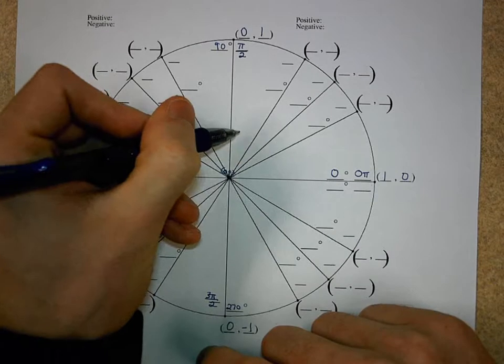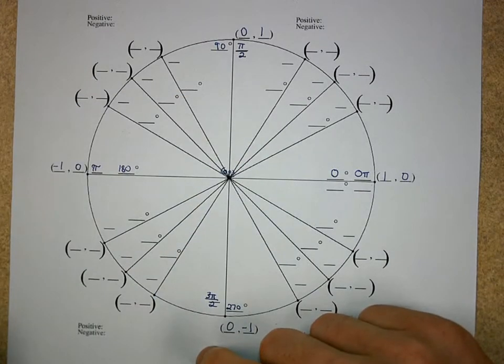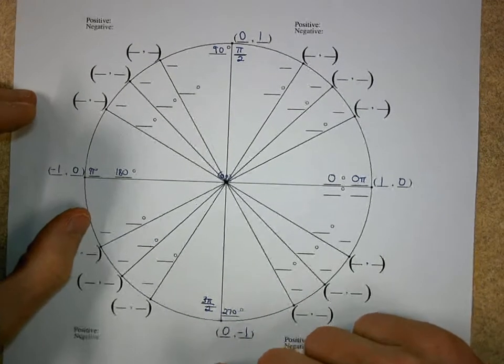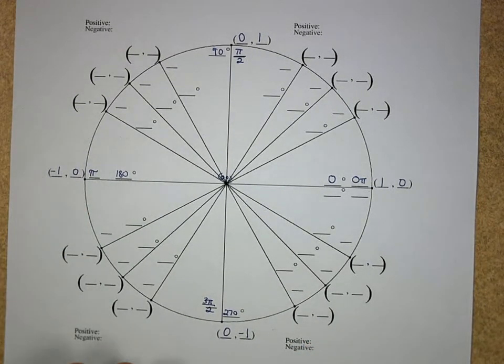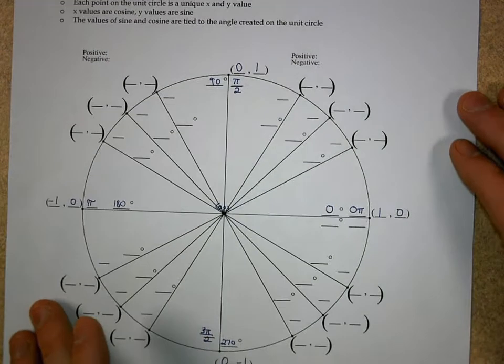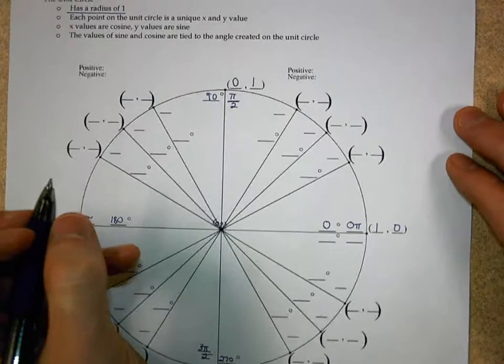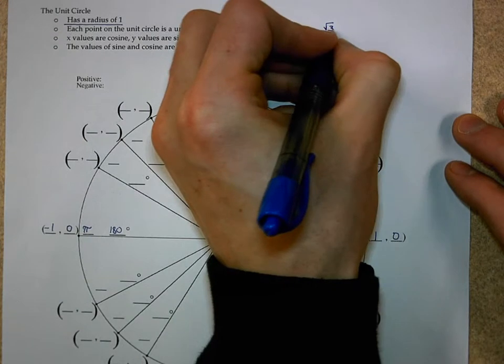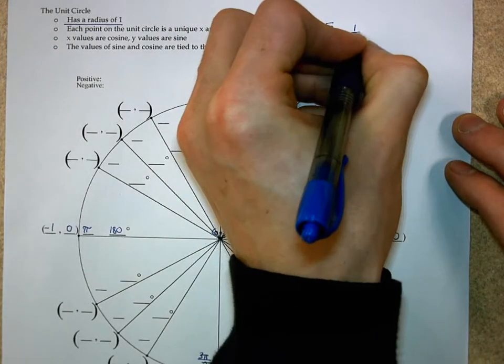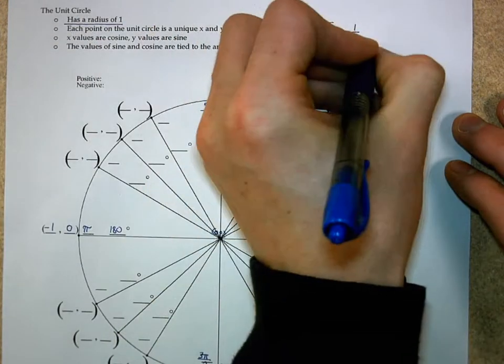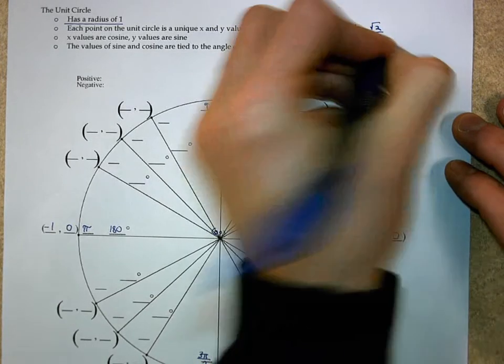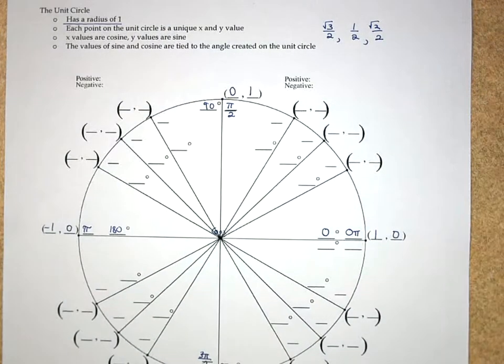All these other values now are all based off of the 30, 60, 90, and 45, 45, 90 degree triangle. And there's a nice pattern that we're going to follow to quickly generate the unit circle. I know that my 3 values that I'm interested in are going to be square root of 3 over 2, 1/2, and square root of 2 over 2.